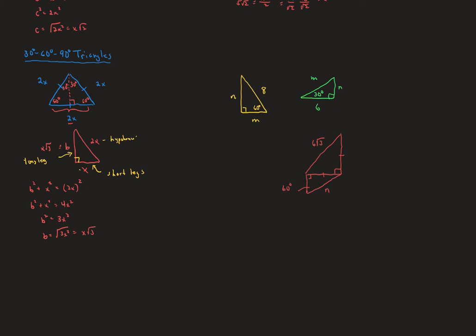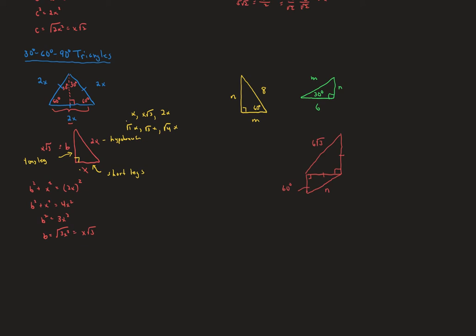Some people get confused about which is bigger, but you can see that between x, x times the square root of 3, and 2x, that x is like square root of 1 times x, and then we have the square root of 3 times x, and then 2 is the square root of 4 times x.